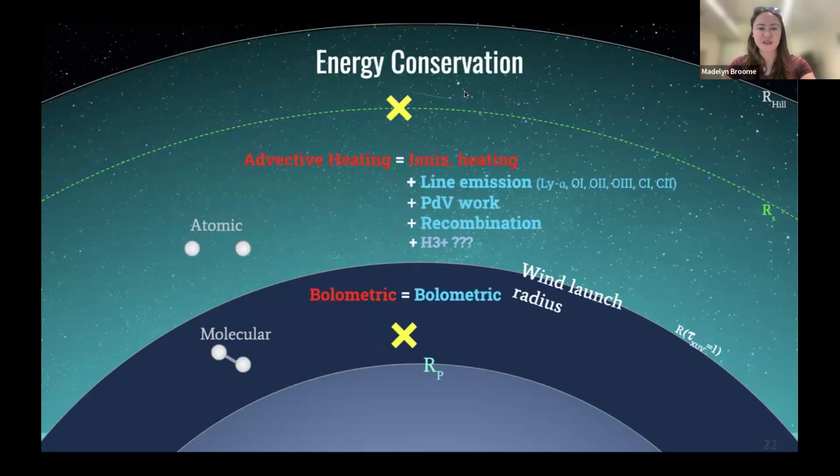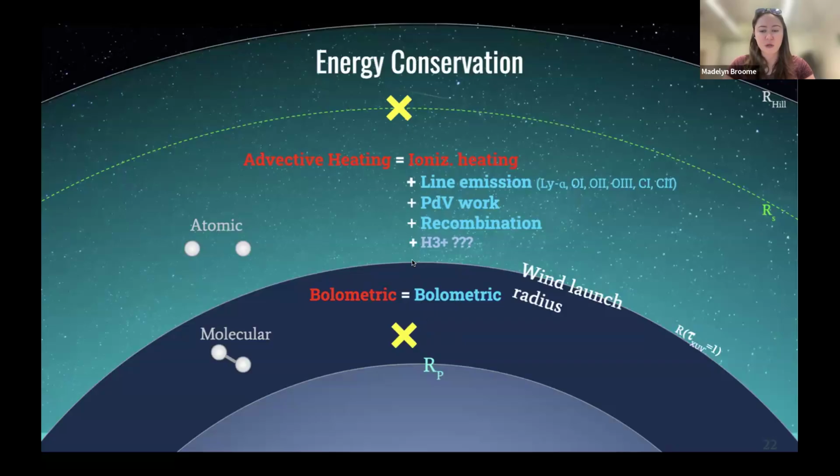So for energy conservation, just to give an insight into what terms we calculate when we do our energy conservation. We calculate below the wind as dominated by bolometric heating and cooling, because this region should be largely molecular. And this allows us to agnostically compute a lower boundary condition. So rather than having to guess at the temperature and density at a certain pressure, at the microbar pressure, we're able to calculate it from the balance of bolometric heating and cooling, which is pretty nice.